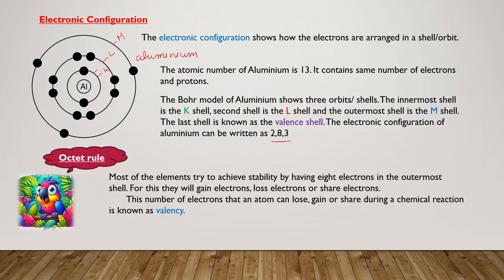So what is valency? The number of electrons that an atom can lose, gain or share during a chemical reaction is known as its valency. Sometimes to reach its stable form, it may lose 1 electron, 2 electrons, like that. So how many electrons it loses to attain stability is called its valency.